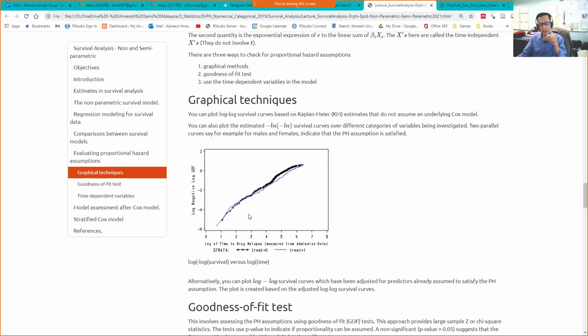At time 3 and below, it seems that treatment 1 has higher values, but after time 3, treatment 0 has higher values. So it means that the hazard is not proportional. At time 3 it crosses, so it seems to be a slight or mild violation of the PH assumption here.